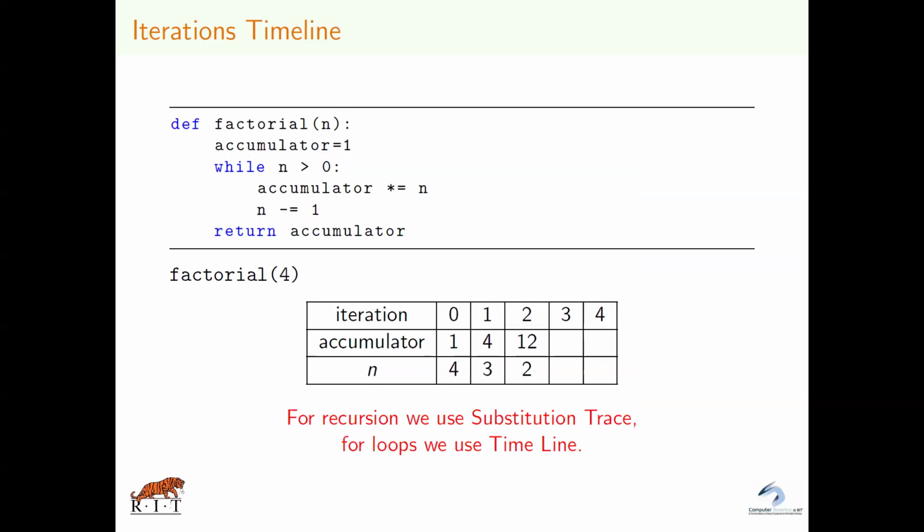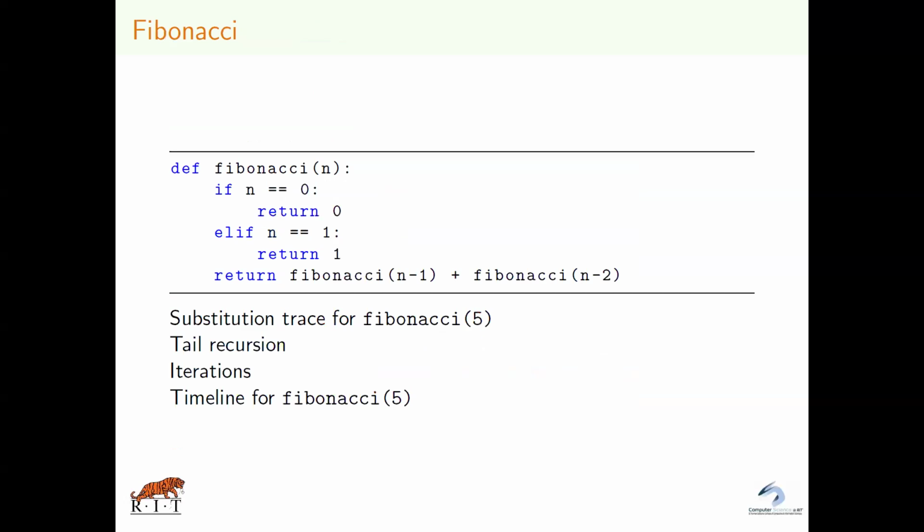Okay, so now the last problem for today. You remember last time we created the Fibonacci function, and it didn't work for n equals 80, for example, because it had a lot of recursive calls.